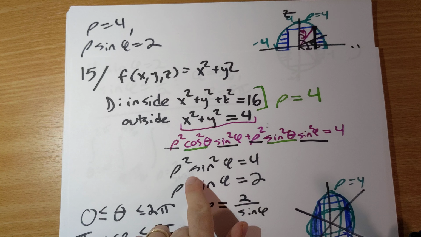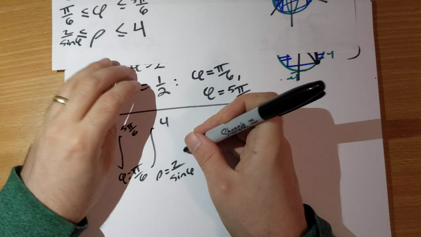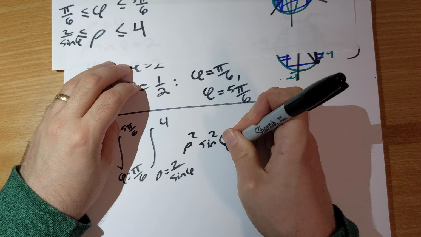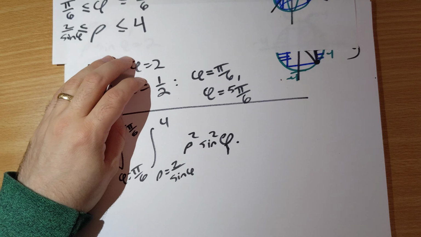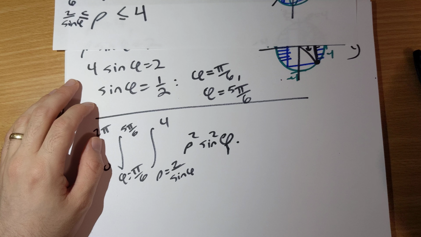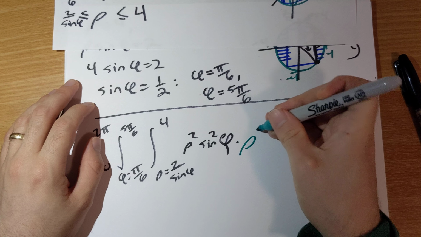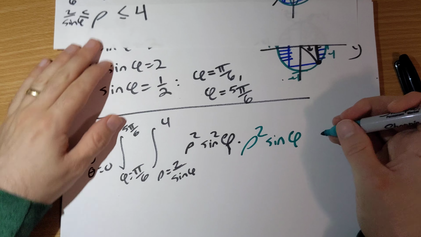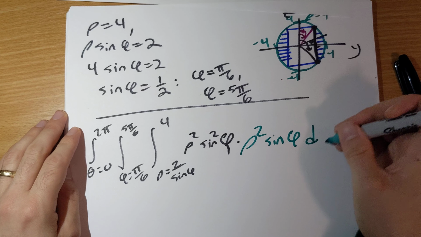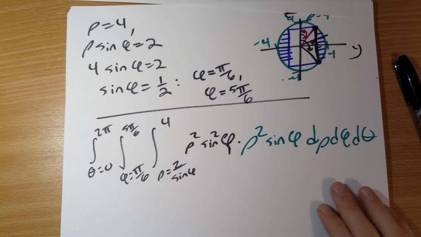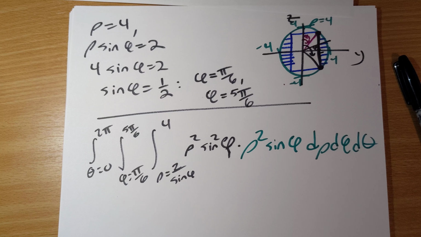We already figured out x squared plus y squared is rho squared sine squared phi. And because we're converting to spherical coordinates, we always have the factor of the Jacobian thrown in there: rho squared sine phi d rho d phi d theta. We're just asked to set this up, we don't have to evaluate it. So this is our final answer.